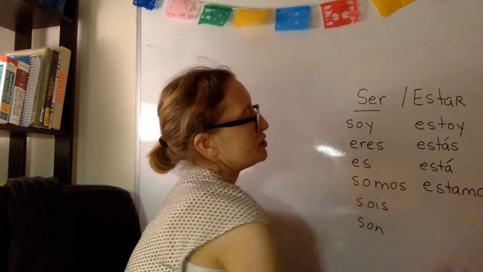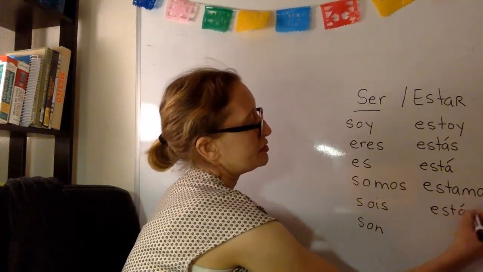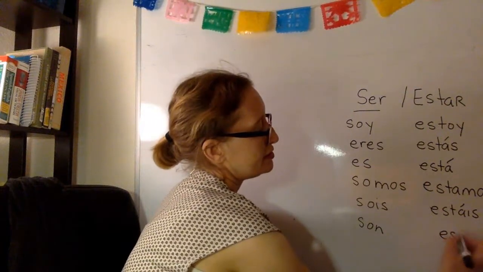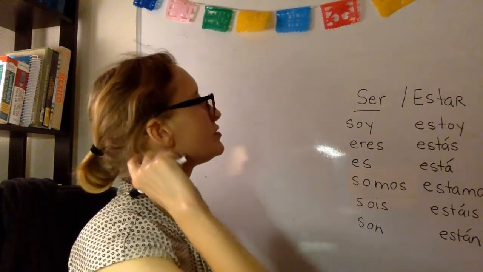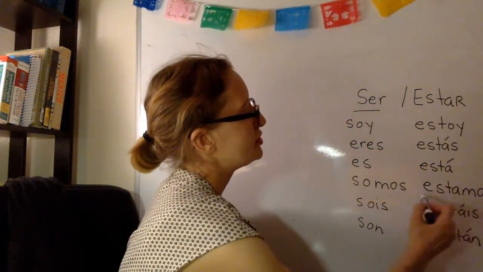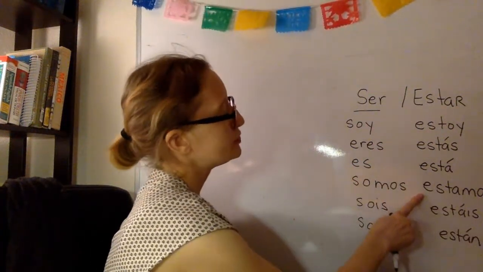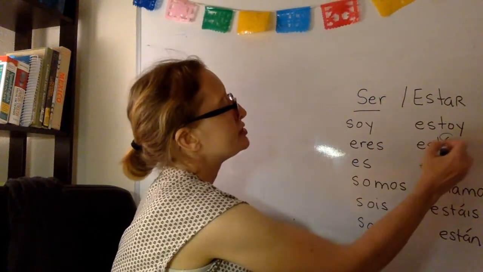Estamos has no accent mark. Estáis and están. Okay? So we have the irregular yo form, and then some forms have accents, minus nosotros, minus the first person. All the other forms have accents.